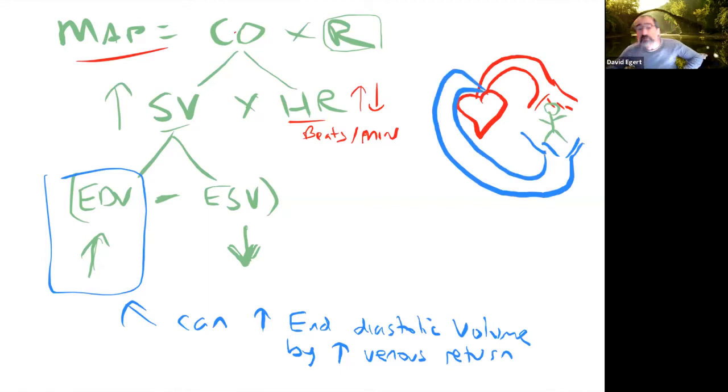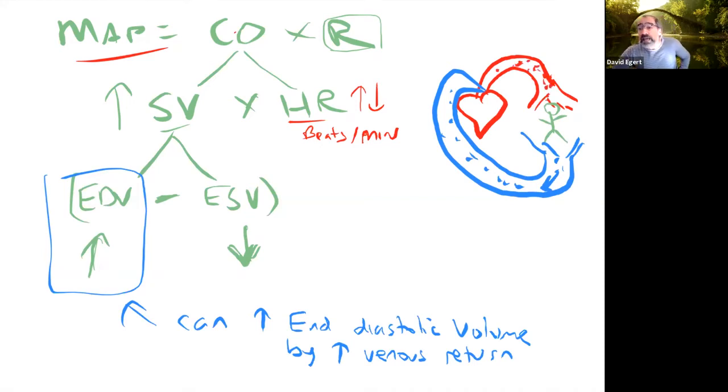And in general, the veins have much lower pressure than the arteries. Most of the time, the majority of the blood volume is in the venous side. There's less volume in the arterial side.